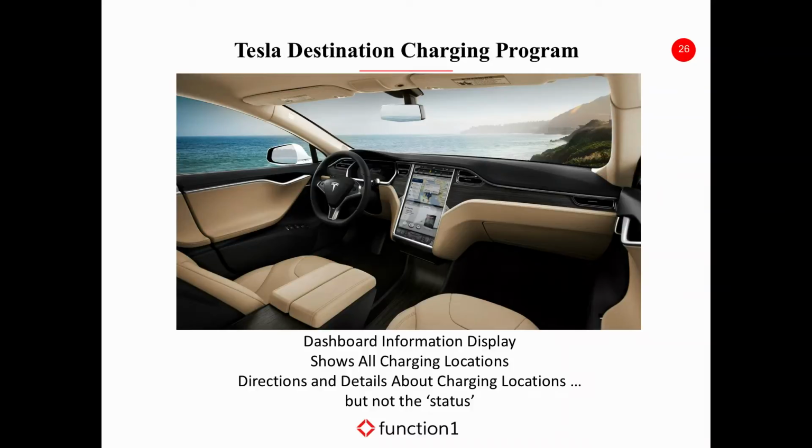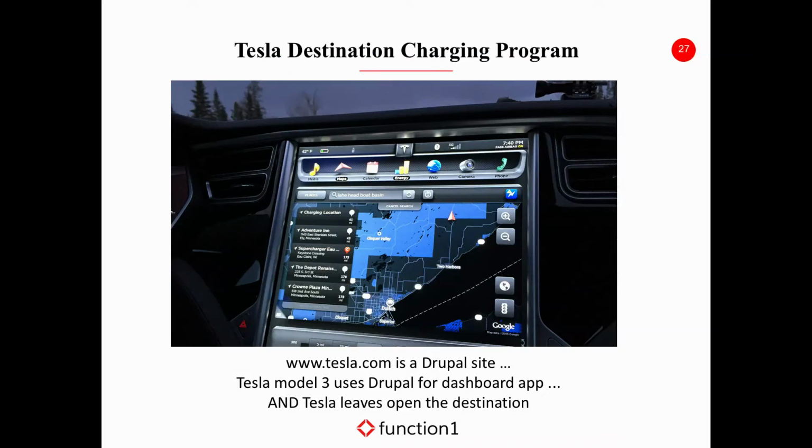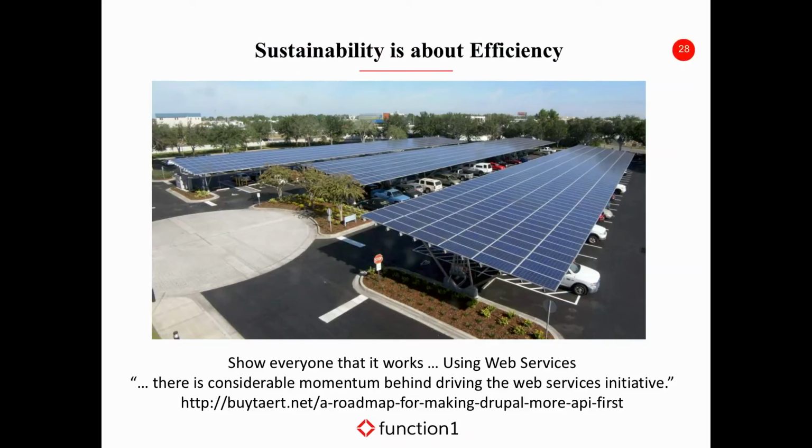So it's in the app. The app is a Drupal app. And that's in the Model 3 that's coming out. So the cars themselves are becoming smarter and smarter, right? But like we said before, it's really not the car that's smart. It's making the people operate the car a lot smarter.